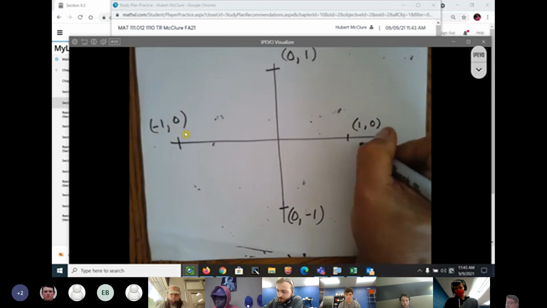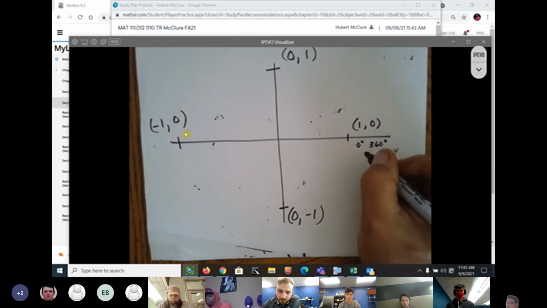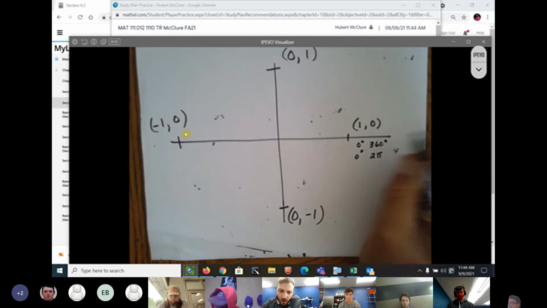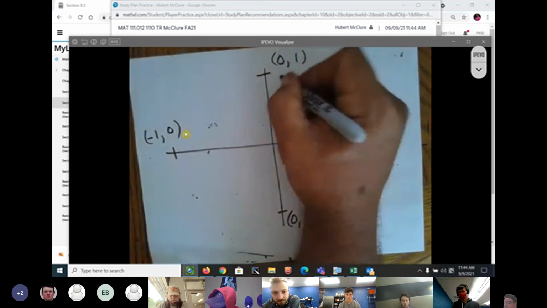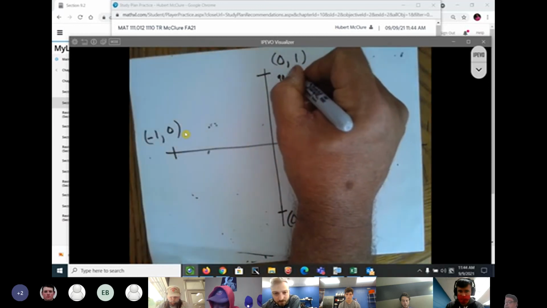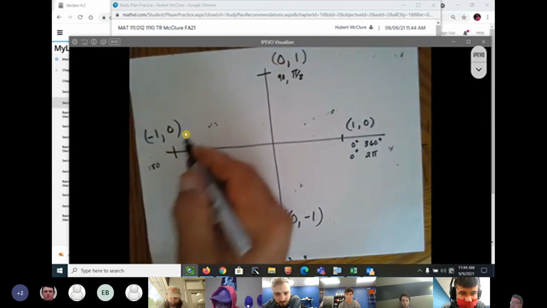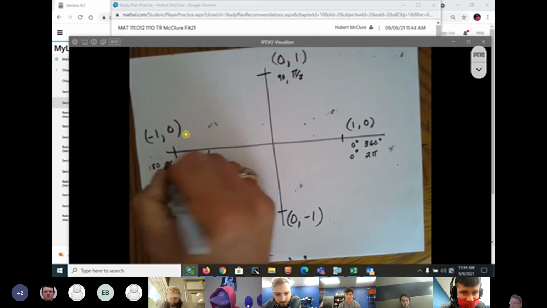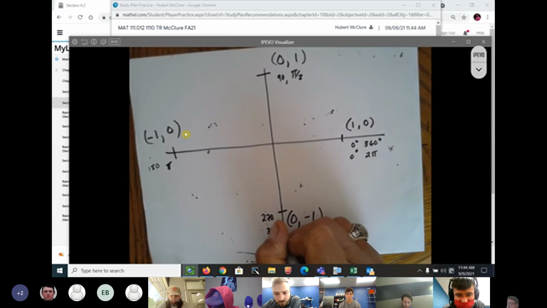This is 0 degrees and 360 degrees. It's also 0 degrees and 2 pi radians. Okay? And of course, this is 90 degrees or pi over 2. This is 180 degrees or pi. And this is 270 degrees or 3 pi over 2.